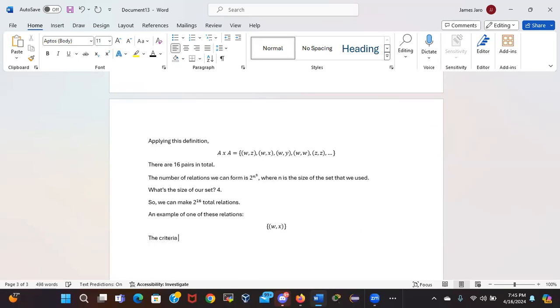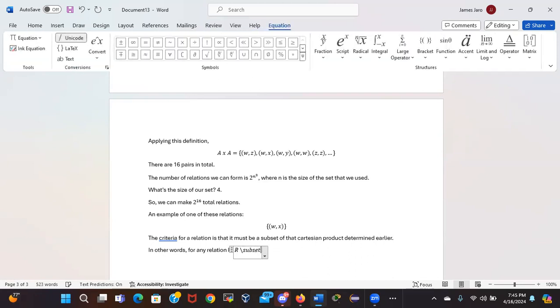Literally, the criteria for a relation is that it must be a subset of that Cartesian product determined over here. Or in other words, any relation R has to be a subset of A cross A.